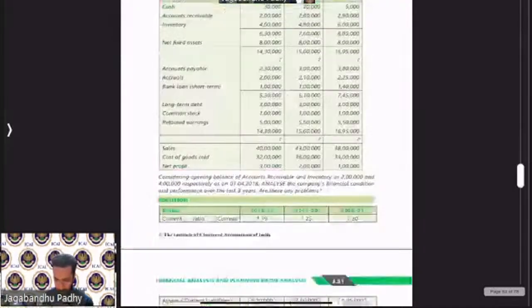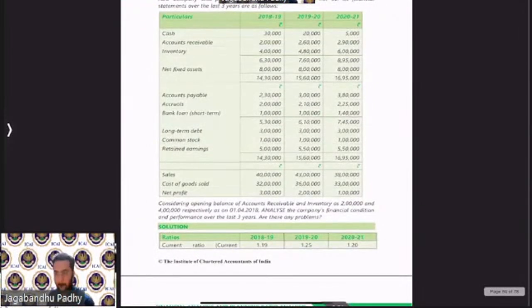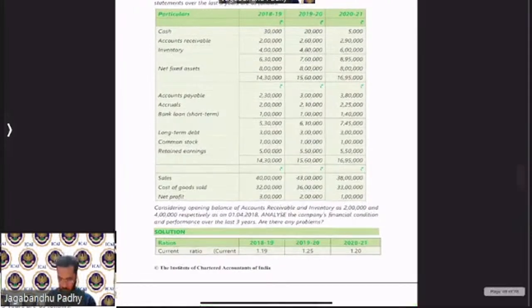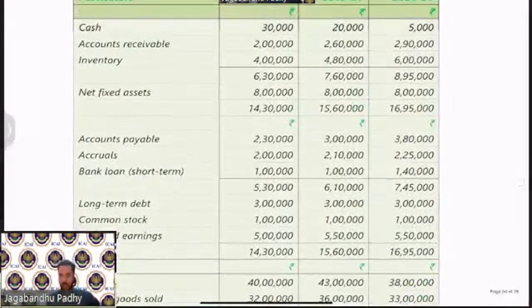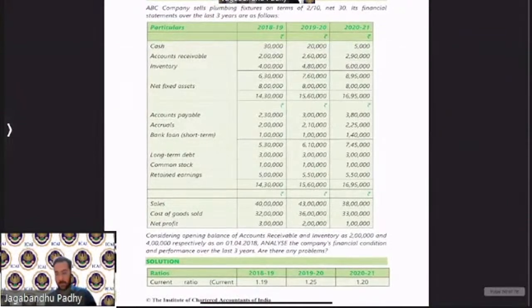Yeah, illustration 5, where we do a bit of analysis about certain performance parameters of the companies. So if you look at this company, ABC company sells plumbing fixtures on a term of 2 by 10 net 30. Now understand what is this 2 by 10 net 30.